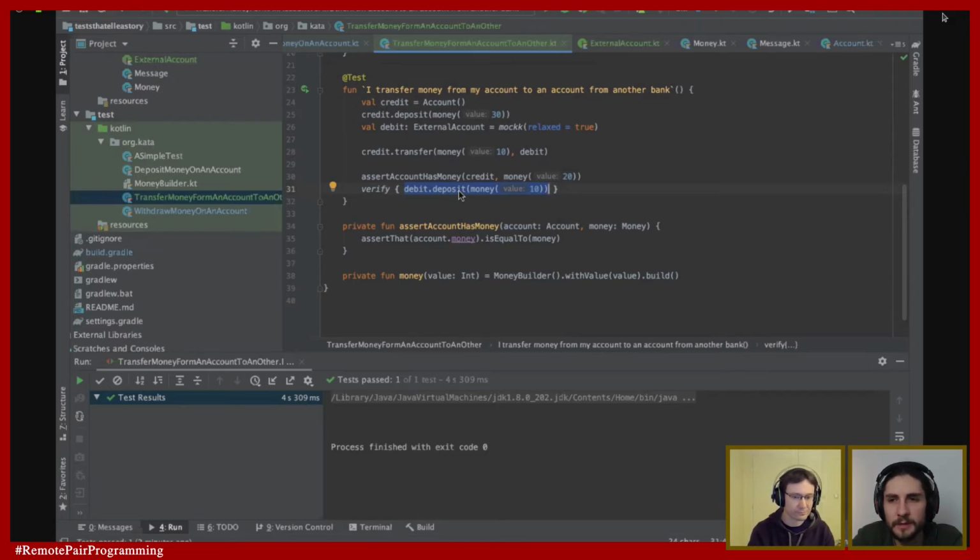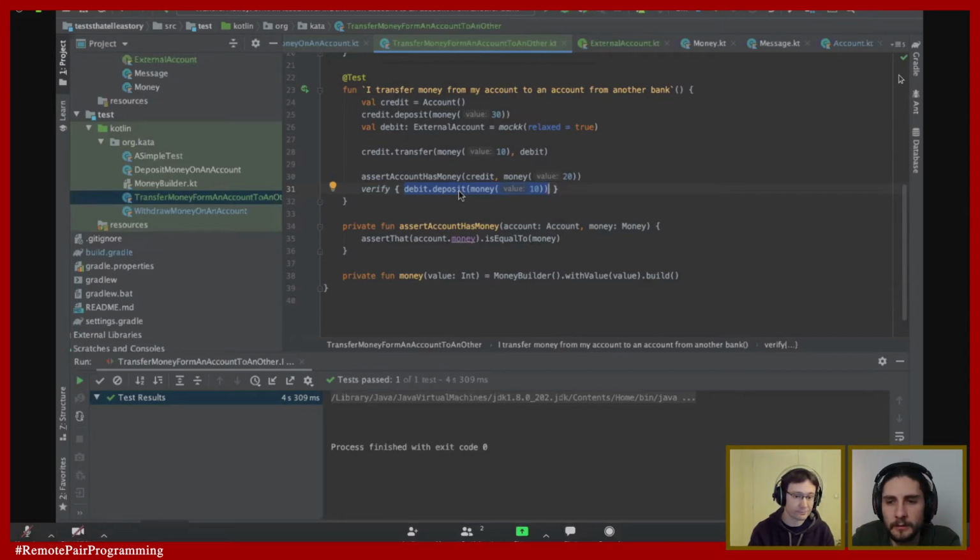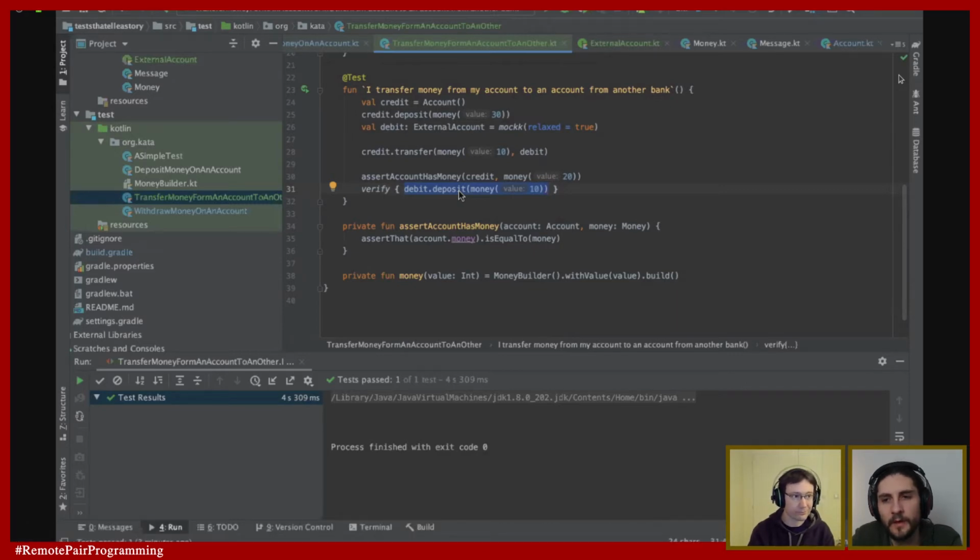than stubs, but still, even with stubs, you have coupling because you called the exact method, and in assert you have the account's money, so you still have some coupling. But you don't have coupling to the logic, meaning the deposit function.